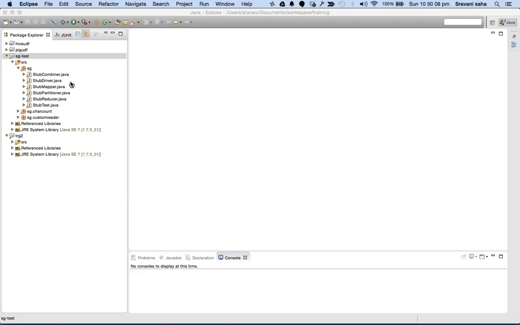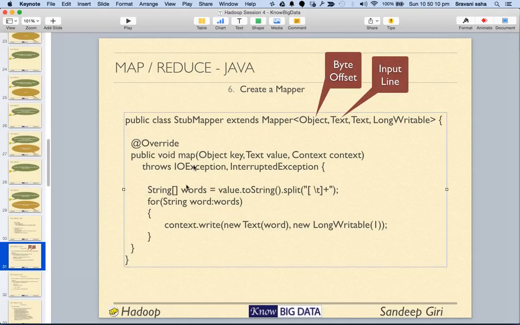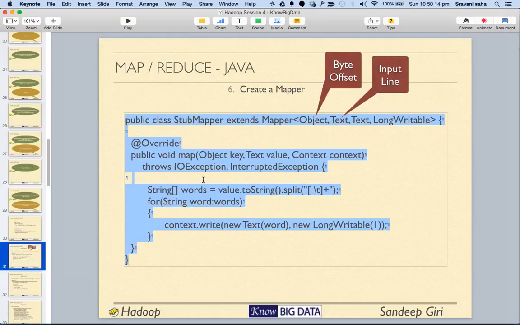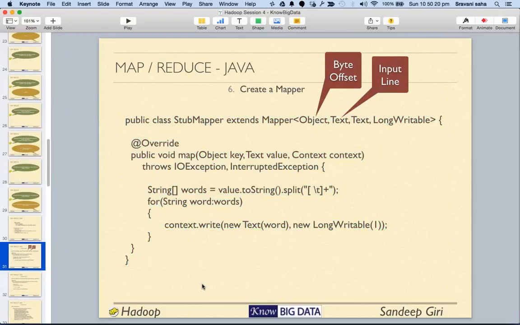Now, coming back, writing Java code is a little bit more verbose, and it looks a little awkward to people who have not worked on Java, but the people who have worked on Java will find it very comforting, like Nitin.